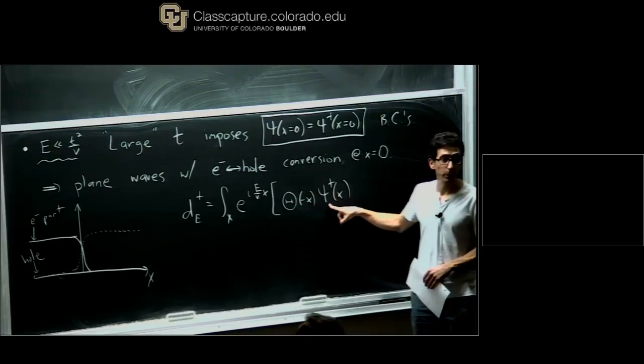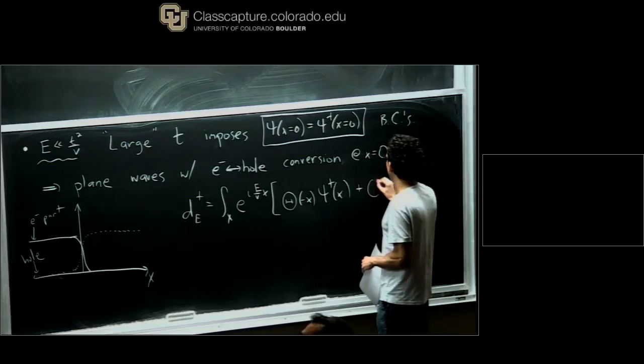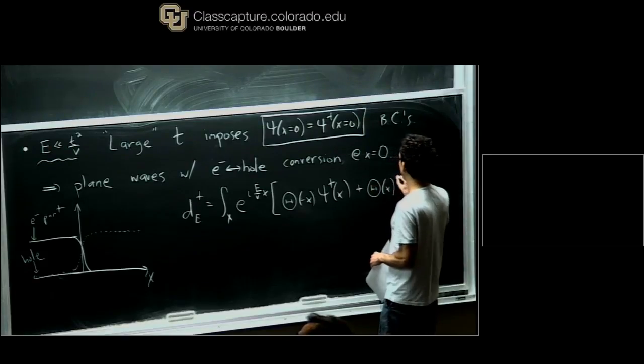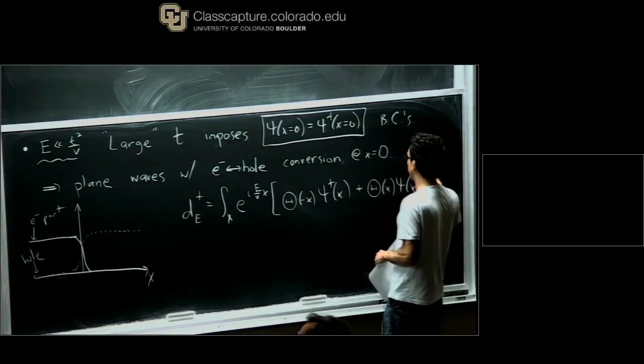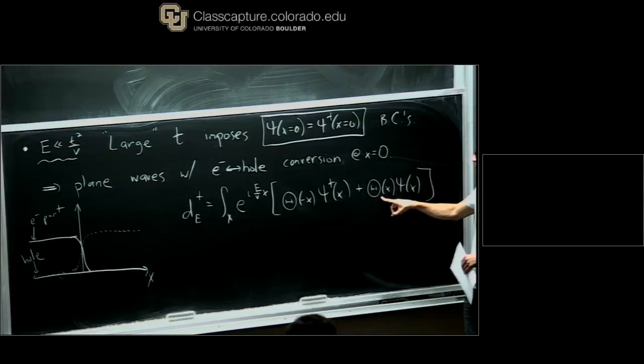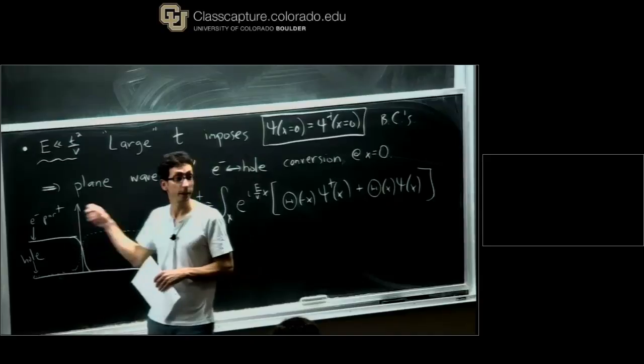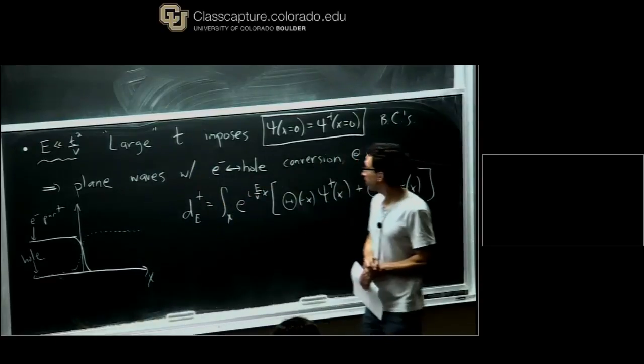So that's the electron part of the wave function. And so this piece is 0 for negative values of x, 1 for positive values of x, and that's the hole part of the wave function. Okay, so this corresponds exactly to this kind of wave function.